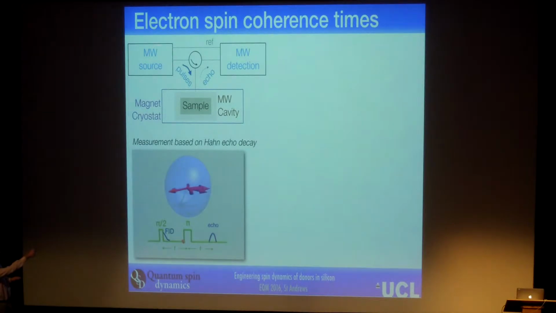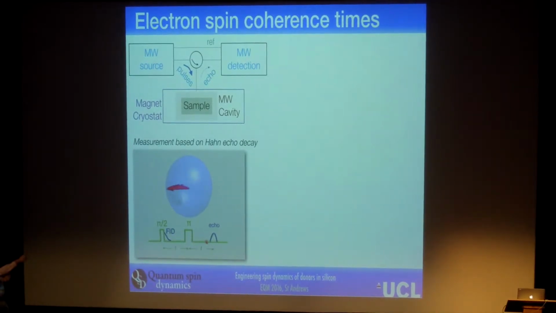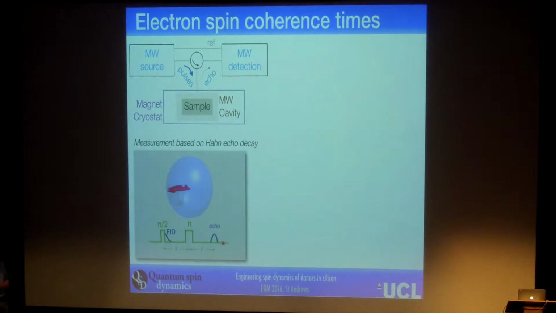And so we have a microwave source, and that provides microwave pulses that can excite the spin. This causes rotations of the spin around axes defined by the phase of the microwave pulses. And then when these spins are coherent, they will emit a weak microwave signal that gets picked up by some detection arm, which is referenced against the microwave source.